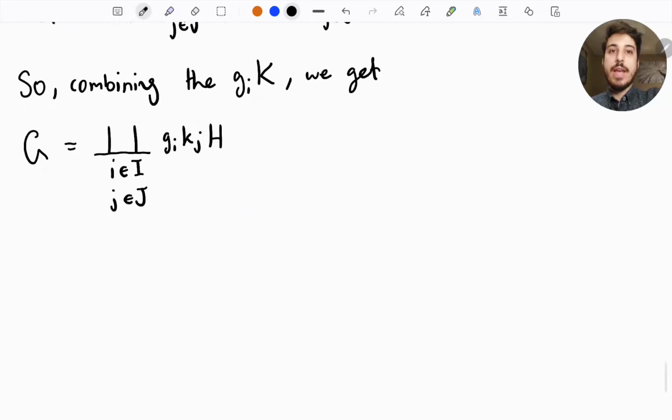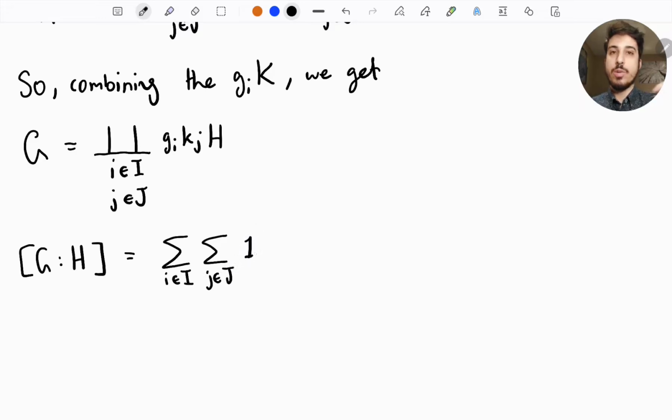And so, if we take the number of these cosets of H, this will be equal to the sum as i ranges through I, and for each i, we range through j of how many cosets there are.